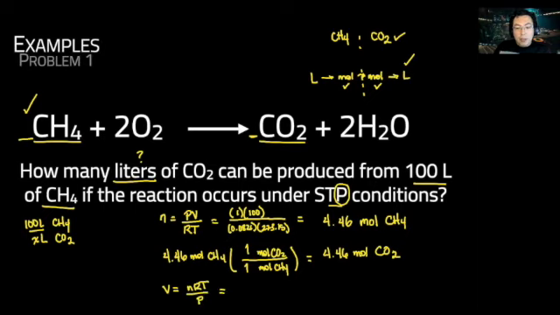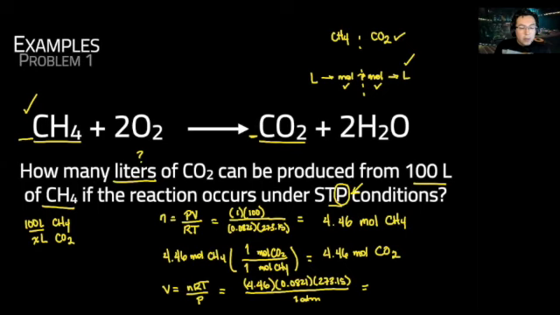Which is to say 4.46, which is your new moles, the new moles for carbon dioxide. The constant is going to be the same, 0.0821, and the temperature 273.15. Remember, these values are given, including the constant. The pressure that we're actually using is 1 atmosphere, from the STP conditions. All right.